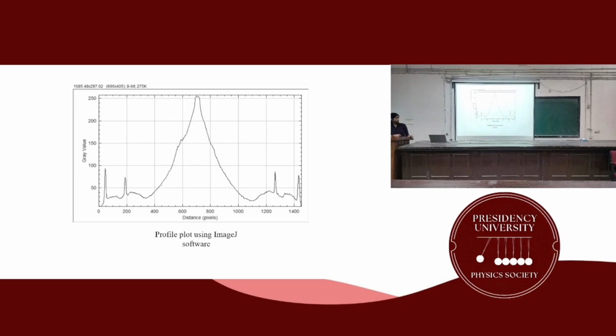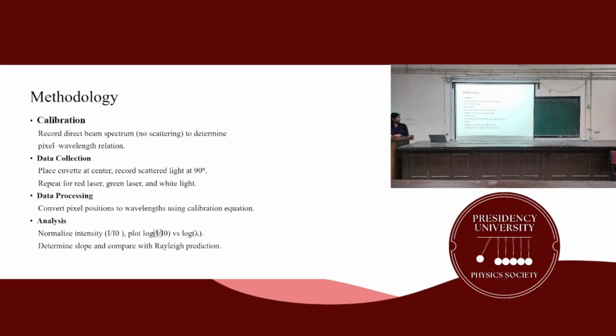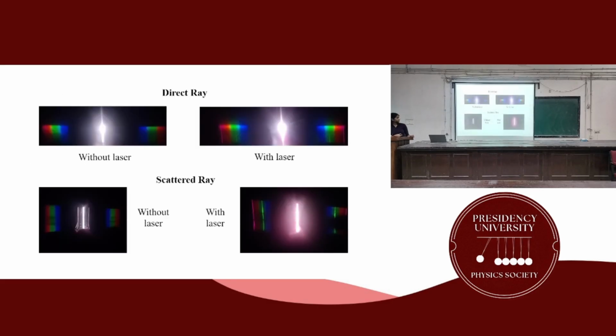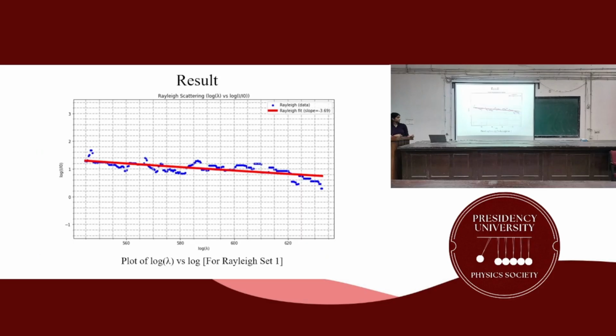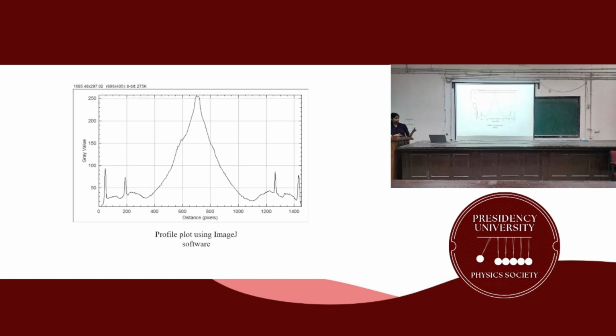These peaks are due to the lasers, and this large peak in the middle is due to this bright white part. And this is what I plotted here. From this image, we collected some data and plotted it using Python coding.